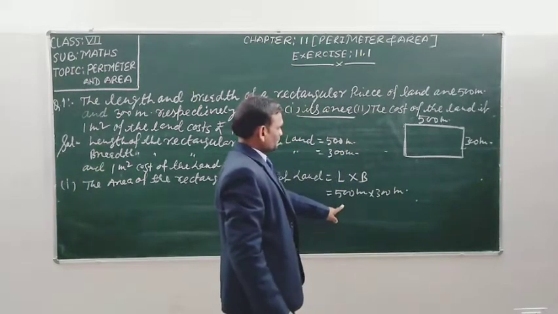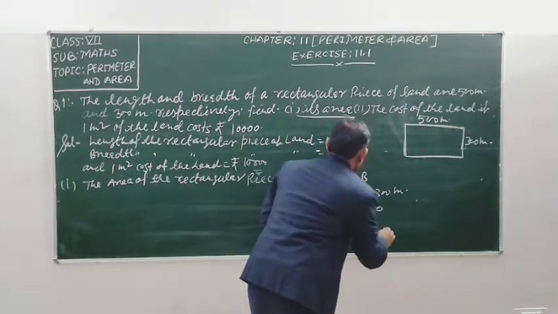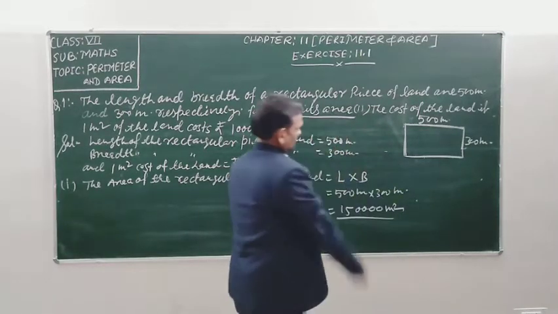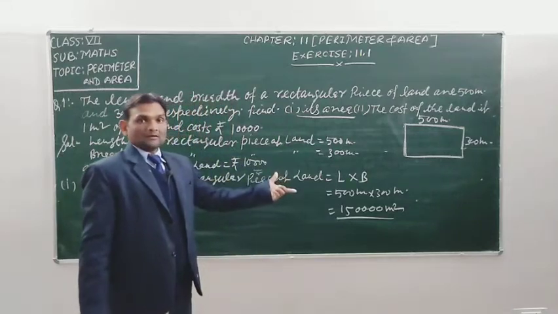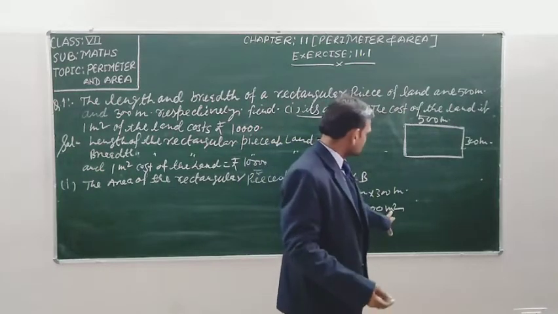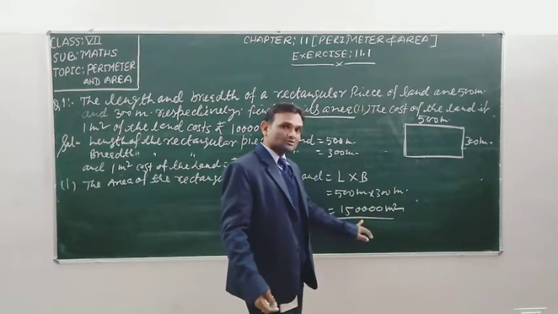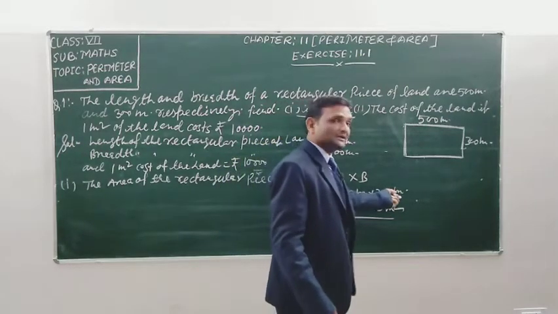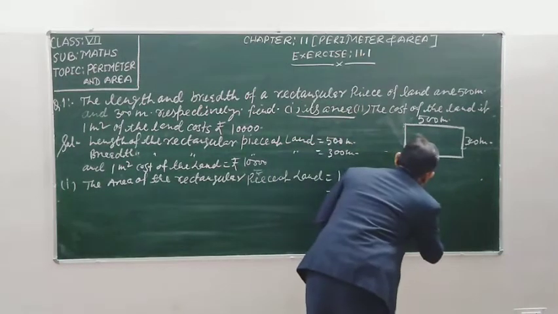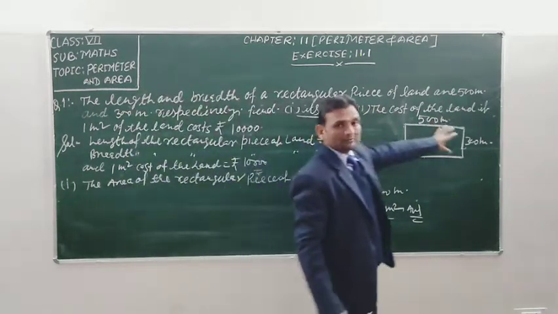So the area is 1,50,000 meter square. Area is always written in square units. 500 into 300 is equal to 1,50,000, and meter into meter is meter square. So student, this is my first answer. I have found the area of the rectangular piece of land.